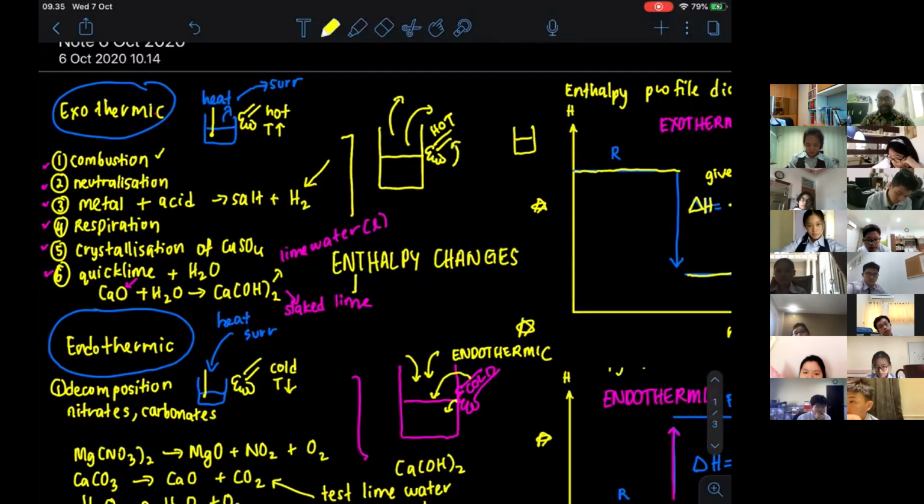So when you feel the heat, your hand is going to feel warm. Therefore, this is an exothermic reaction. So this is the summary of what we have learned until now. So enthalpy change. Is there any question?